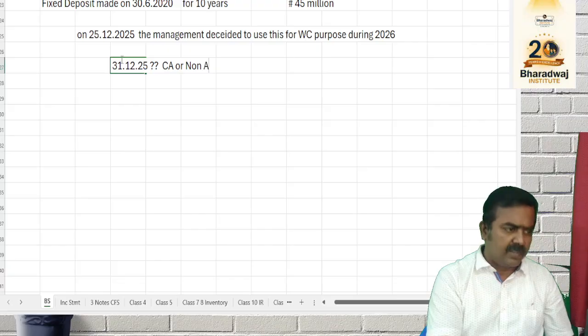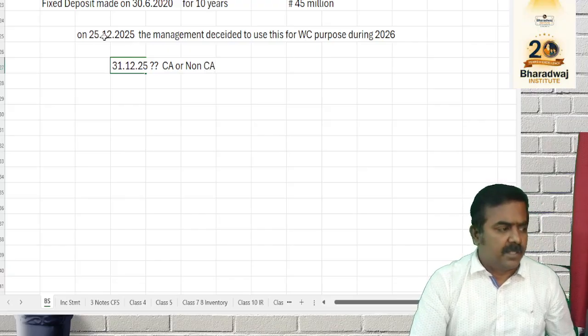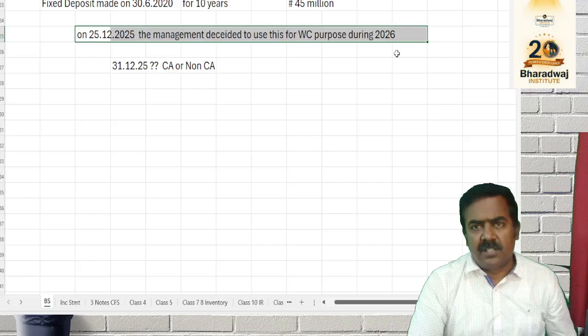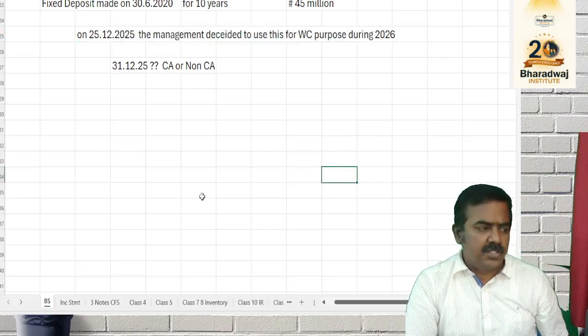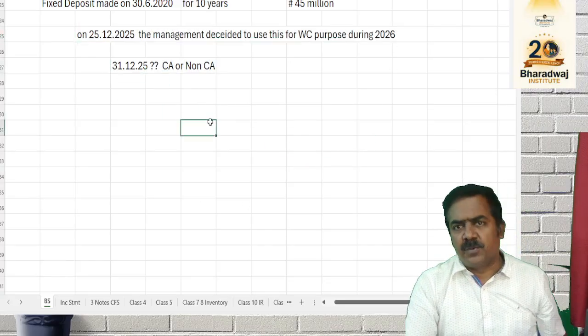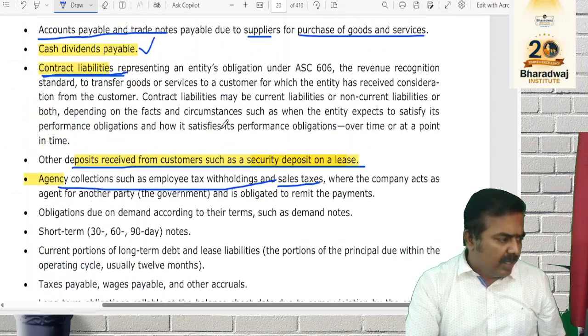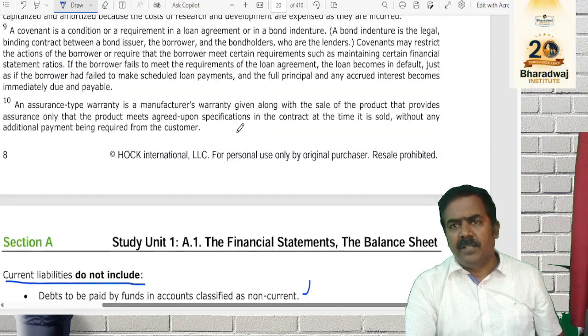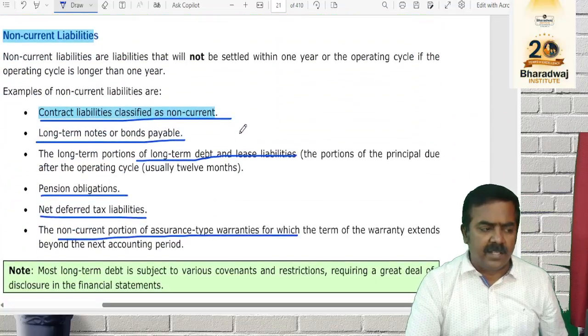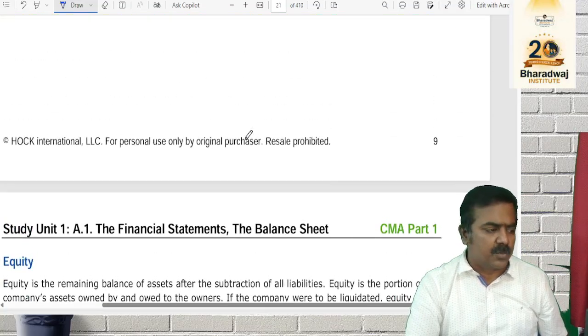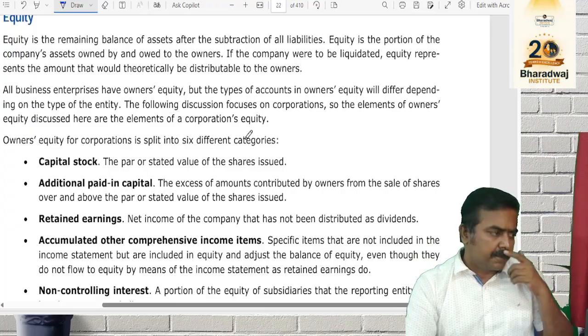Current asset, because we are going to convert this into cash within the next financial year. So no need to remember anything. The only thing you have to remember is the period. Within 1 year or within one operating cycle, current asset. Beyond that, it is called a non-current asset.